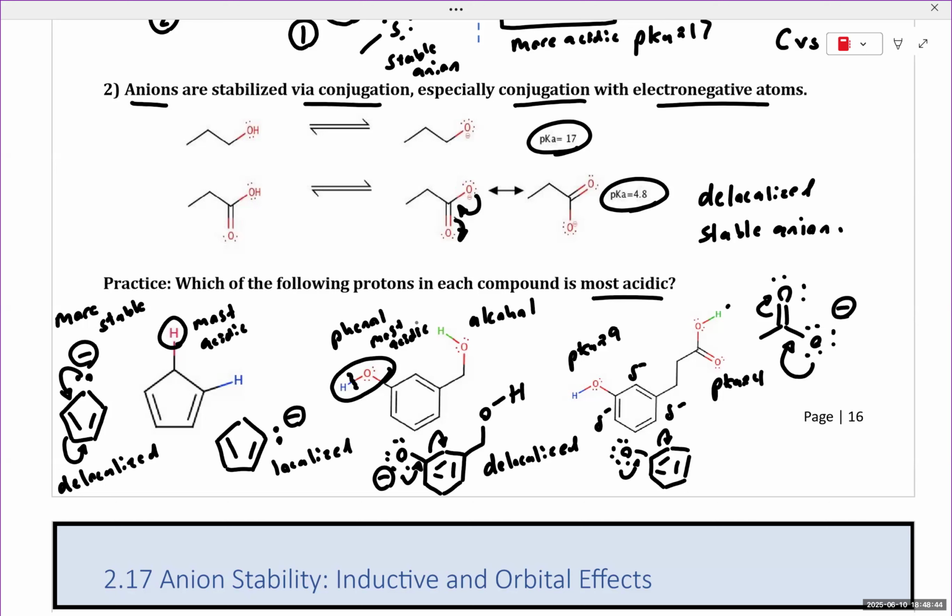Part of the reason why this carboxylic acid proton is so much more acidic is that the conjugate base is stabilized because we can delocalize that electron density across multiple atoms, but we're specifically delocalizing that electron density across electronegative oxygen atoms. The more electronegative your atom, the more readily able it is to stabilize a negative charge and stabilize the conjugate base anion.